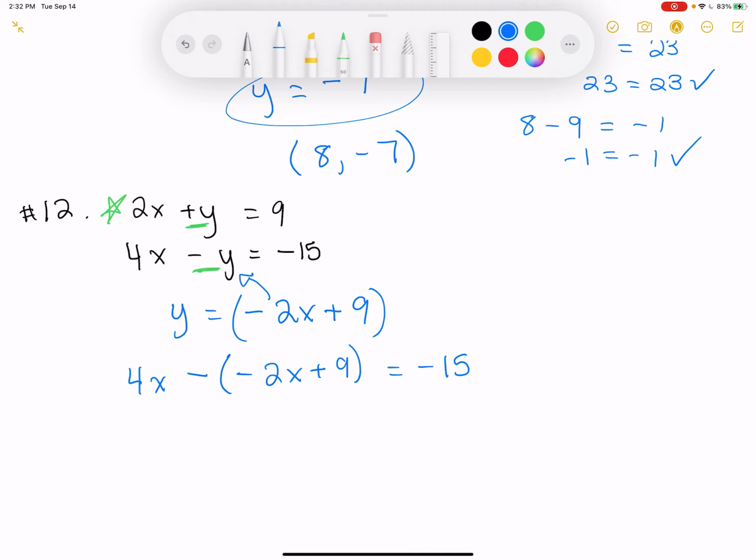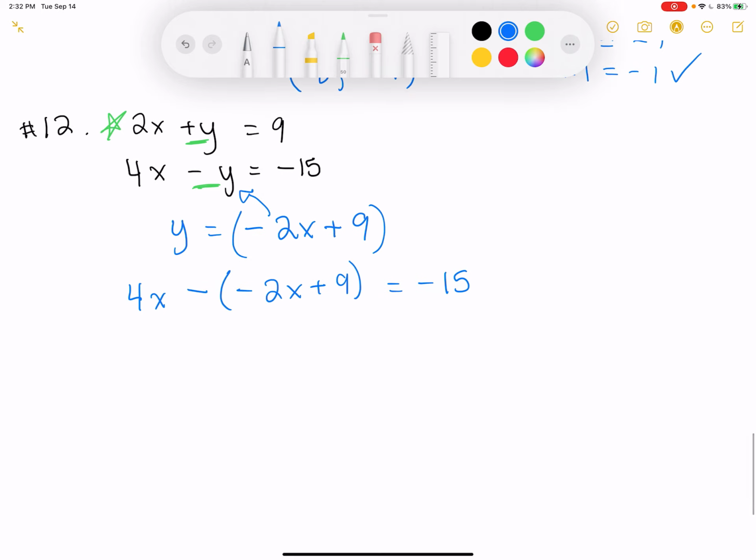Distribute. Yeah. Okay, I'm going to distribute. So 4x, negative times negative is positive, so plus 2x, and then negative times positive is negative, so minus 9 is equal to negative 15.